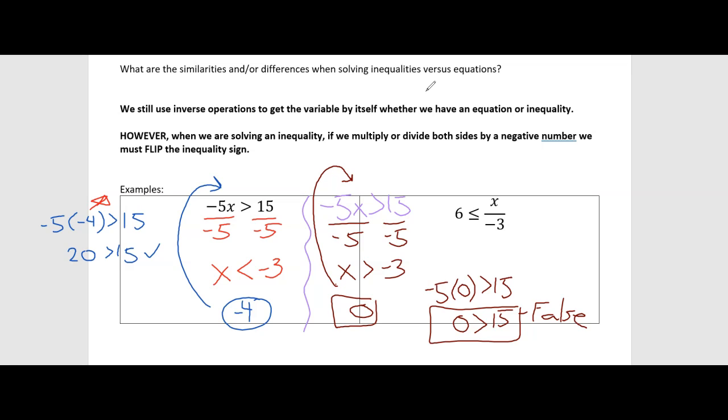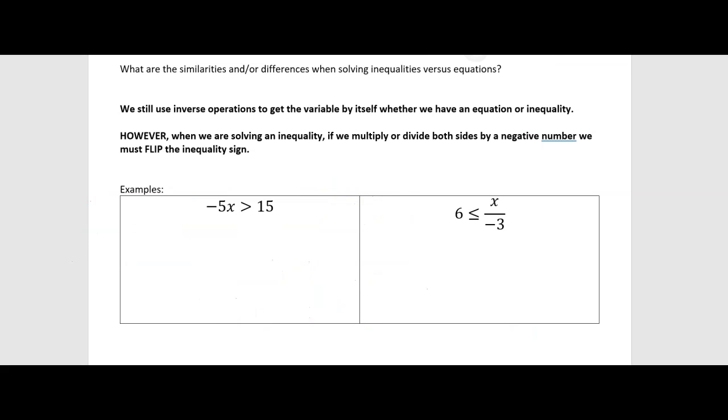So whenever you multiply or divide by a negative number, you must flip the inequality sign. All right, let's show you one more over here. This is when we have division. So obviously to get the x by itself, I would need to multiply by -3, again to both sides. So I get -18 is greater than or equal to x, because I got to flip that sign. And again, I like to read it starting with my variable.